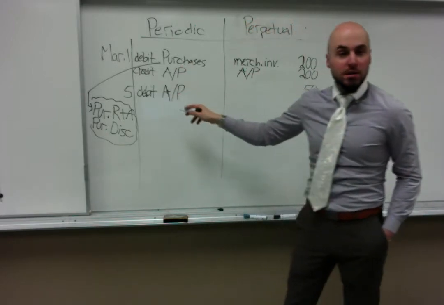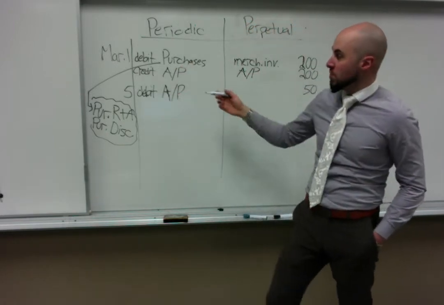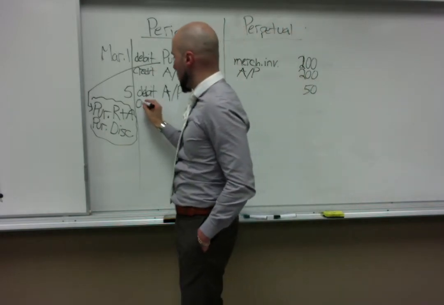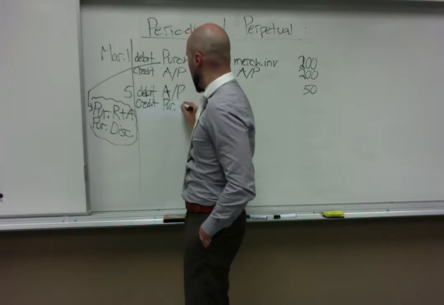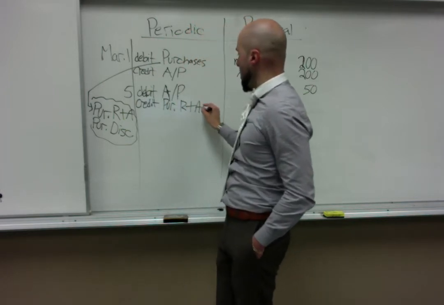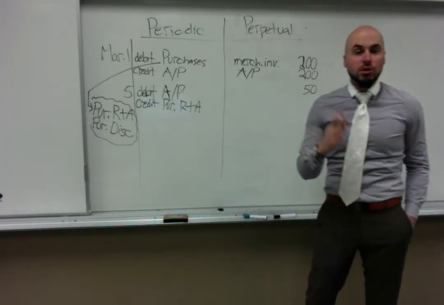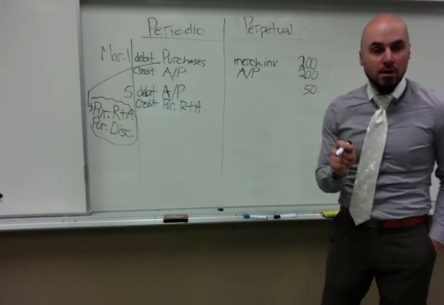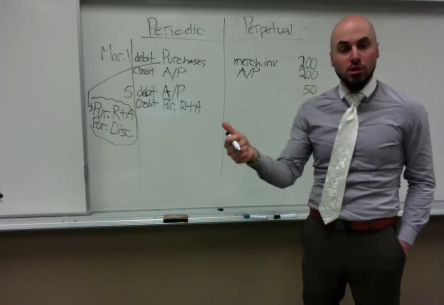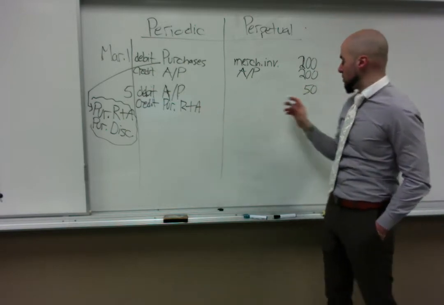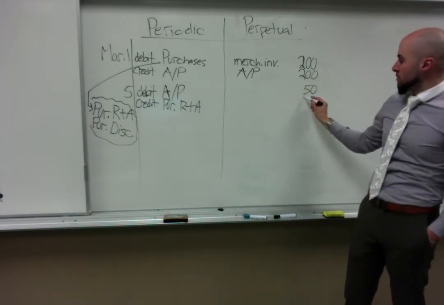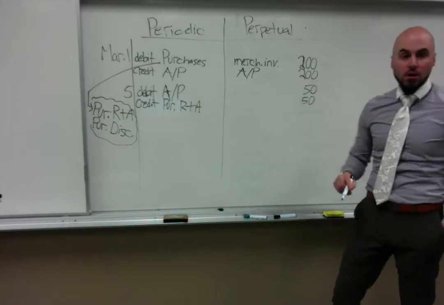And therefore the credit, we already alluded to it, will have to be credit purchase returns and allowances, regardless of if it's a return or an allowance. In this case we returned it, so therefore the credit here, $50.